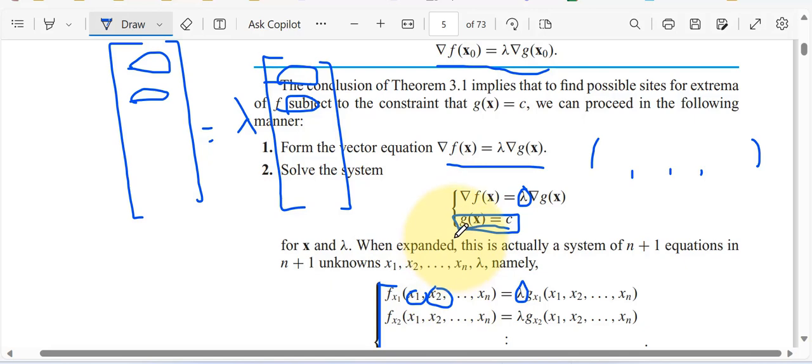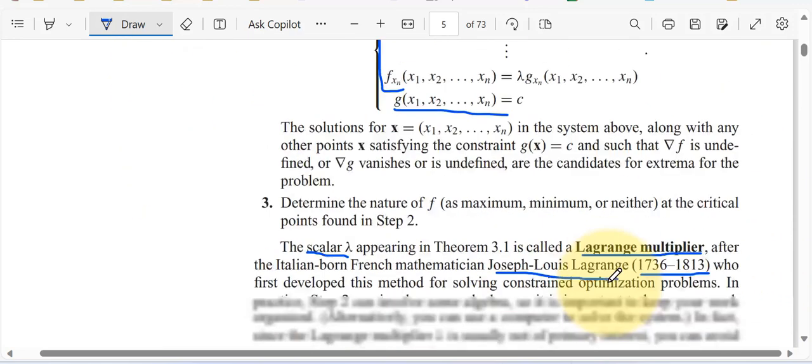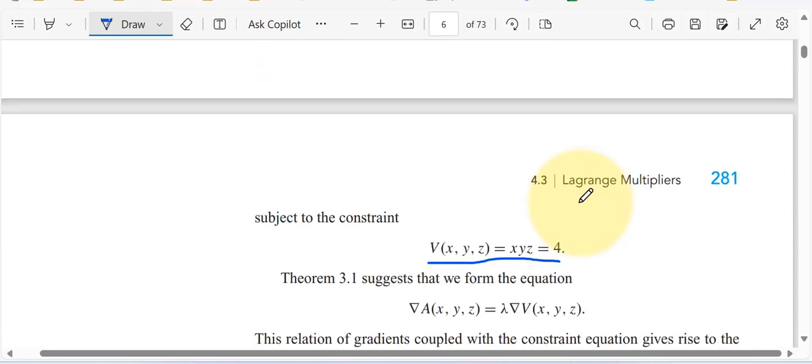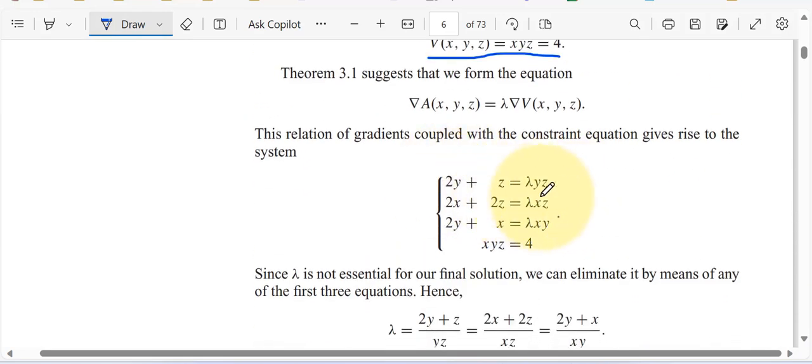And we're going to get that this one equals lambda times the gradient of the first one here, and this one equals lambda times the gradient of the second one, and so on. Here, in this case, we have 3 variables, so we're going to get 3 equations.